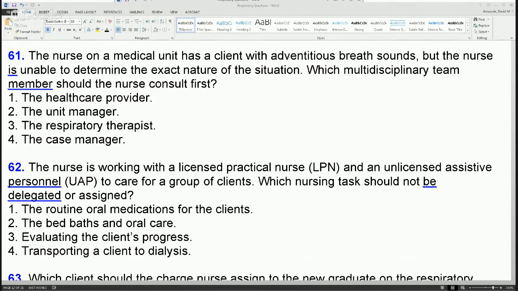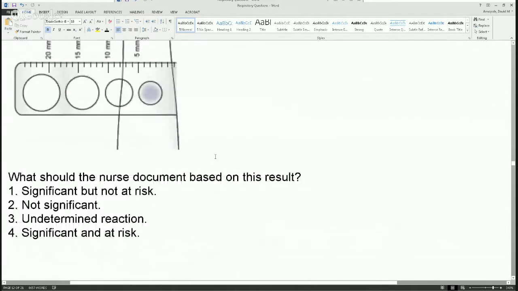Get the respiratory therapist. And I just looked it up. The words supra and super infection are interchangeable. I figured they were the same thing. Well, I didn't know, so I just looked it up. And then with the TB skin test, 5 is only significant if they are at risk or if they're immunocompromised.